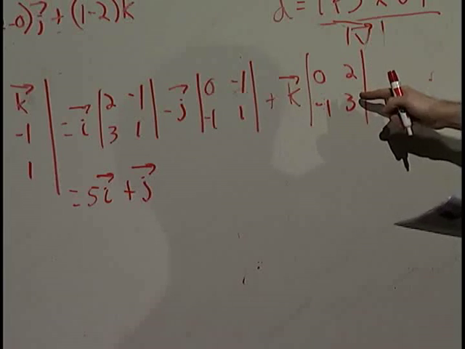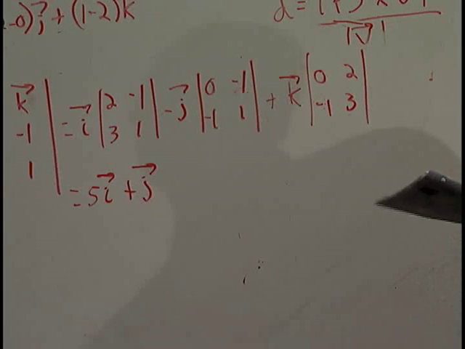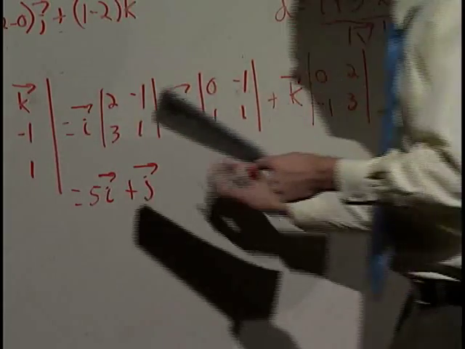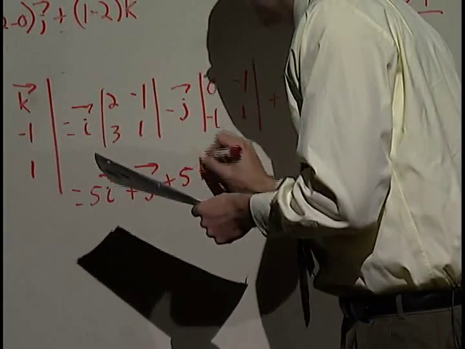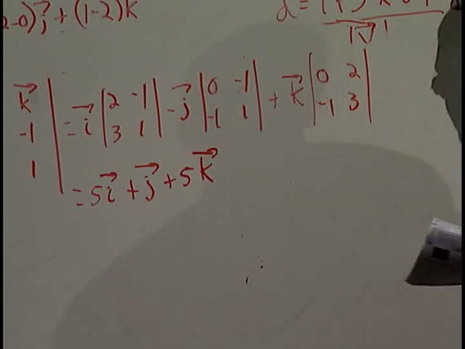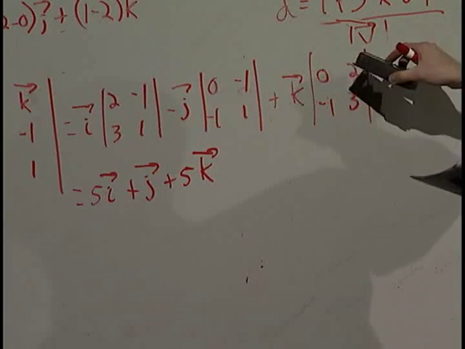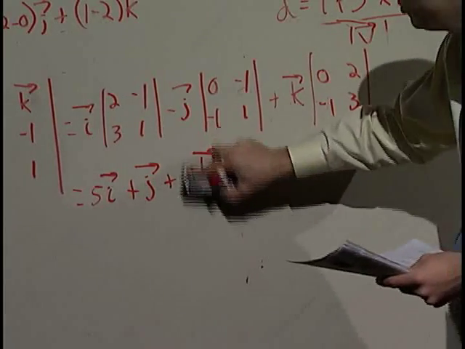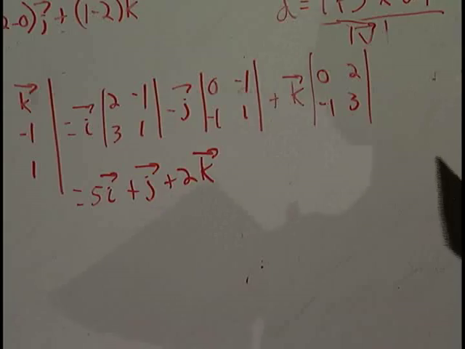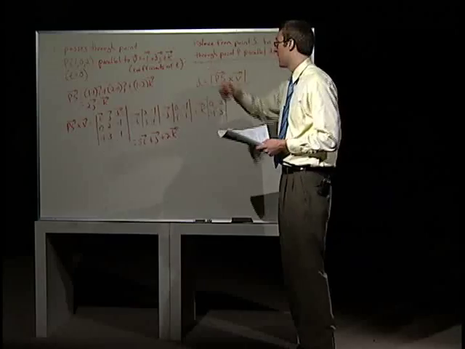And then 0 times 3 minus a -2 is 5k. Okay. That looks right to me. All right. Actually, that's not true. No. Because 0 times 3 is 0, so this would be minus -2, which would be positive 2k. Yeah, that looks better. Okay. So all right, there's our cross product.